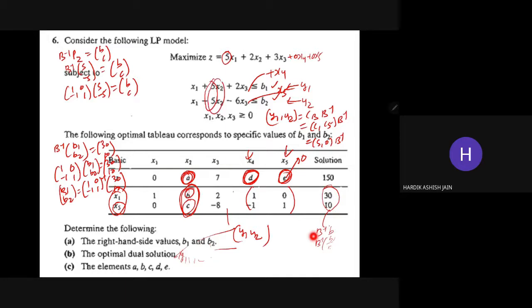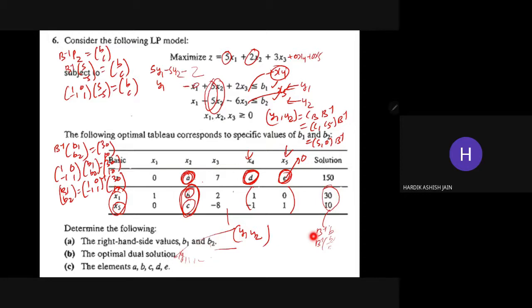Corresponding to X2, what will be the dual constraint? The dual left hand side will become 5 by 1 minus 5 by 2, and the right hand side will be 2, so minus 2. Corresponding to X4, it will be Y1 minus 0.